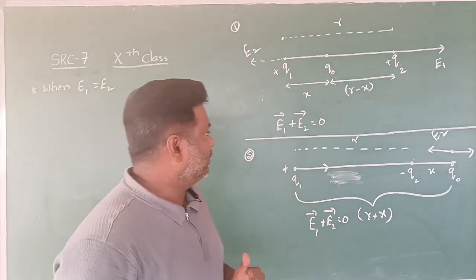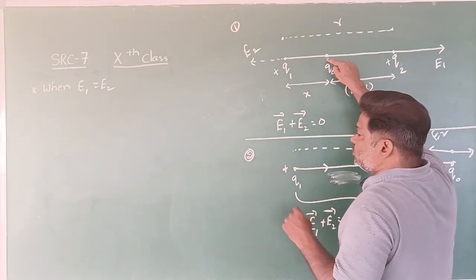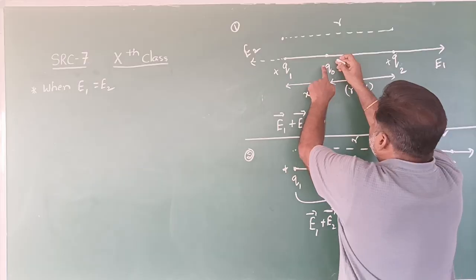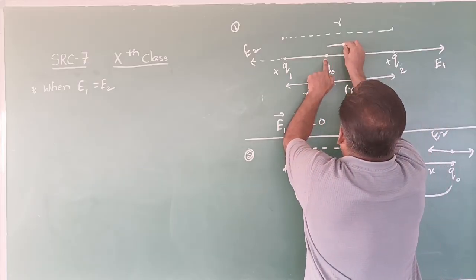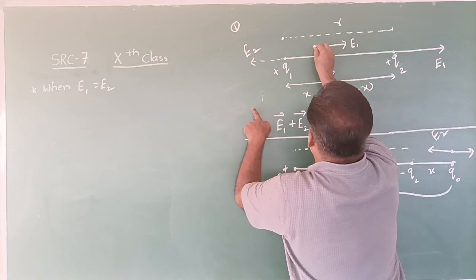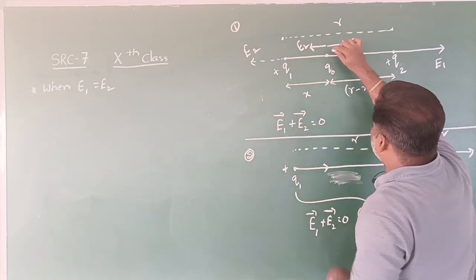Okay. So when this location gives you the idea that there is no electric field, it means definitely E1 is acting towards the right side and E2 is acting towards the left side with equal magnitudes.